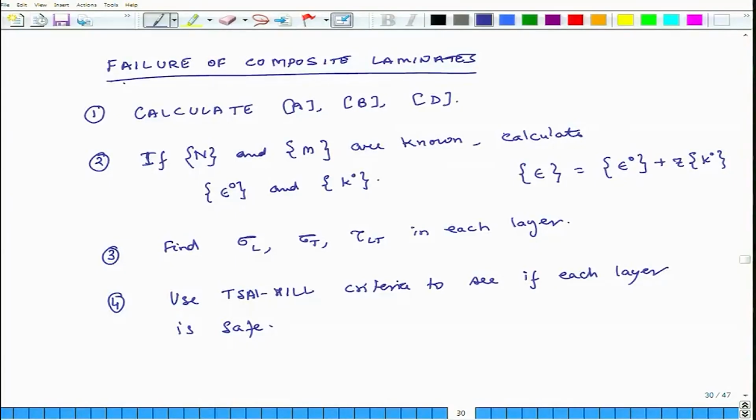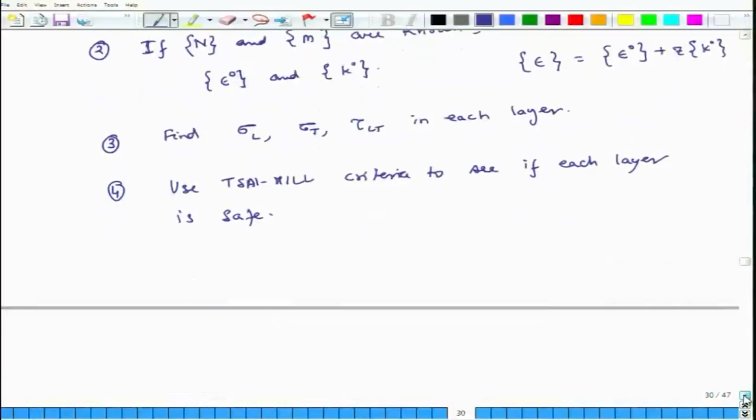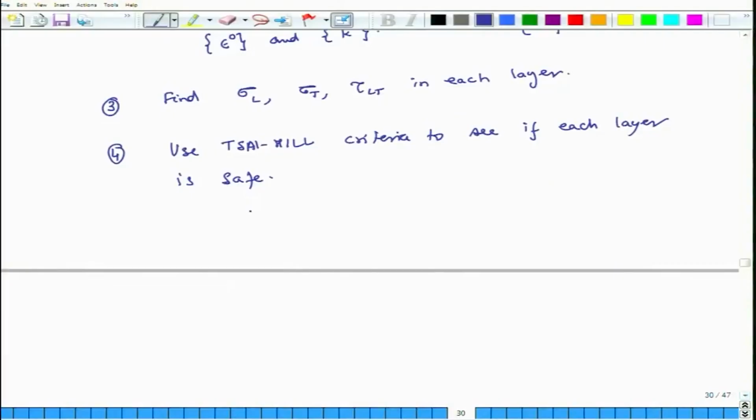So, we have to do it at every single layer. We have to compute sigma L, sigma T, tau LT for each layer, and then for each layer we have to use the Tsai-Hill criteria to make sure whether it is safe or not. And then if all layers are safe, then we are okay. Then we are okay.